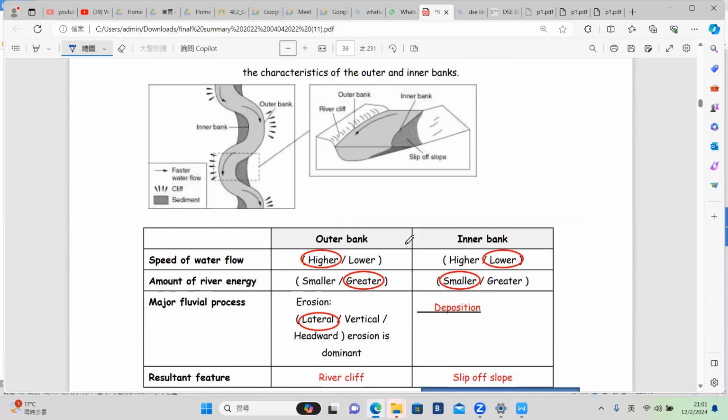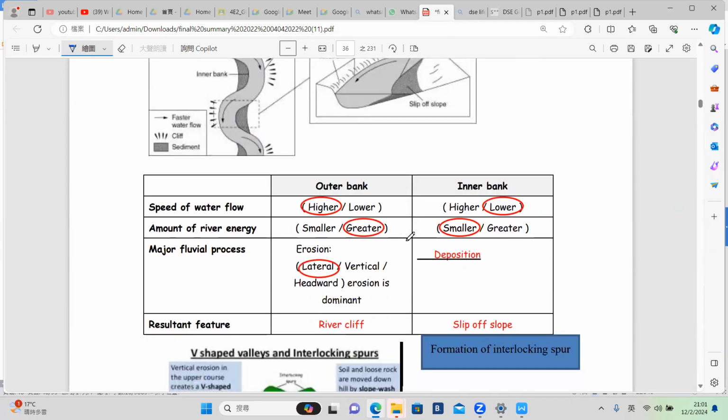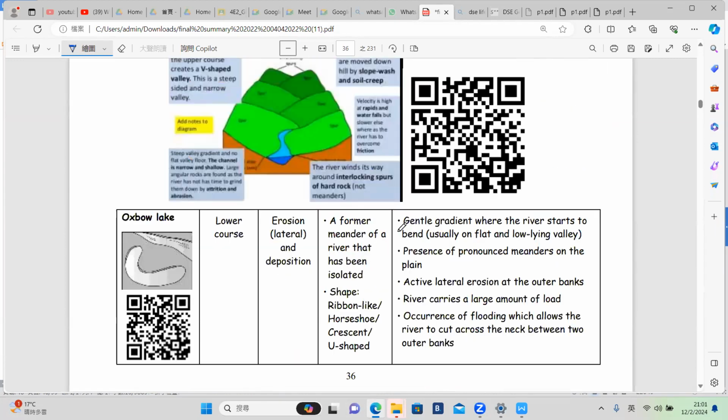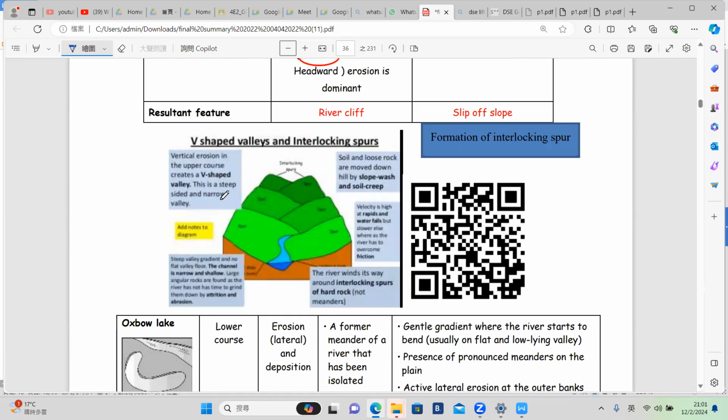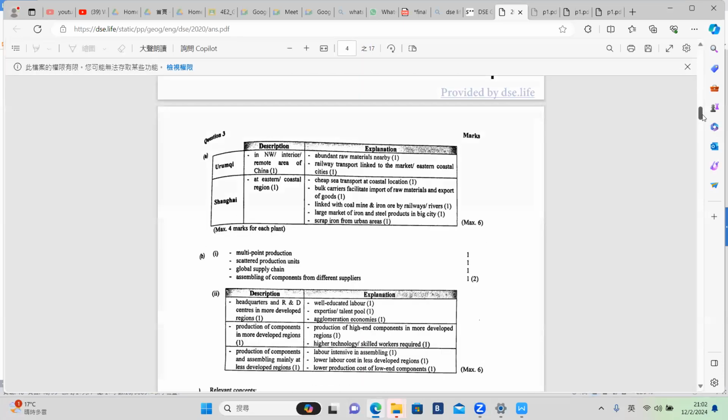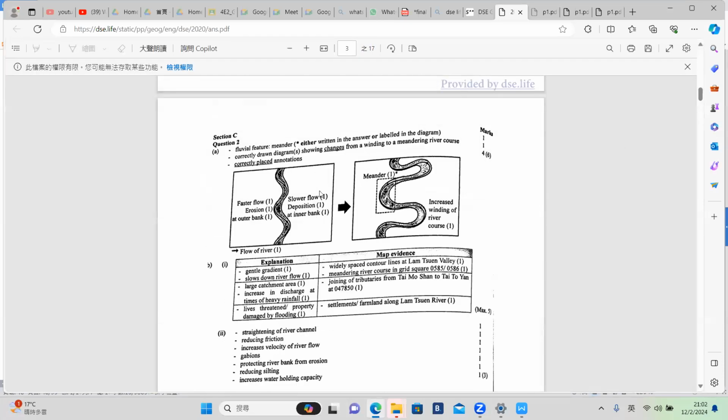Earlier we talked about the ox-bow lake and the meander, but before that I should cover the interlocking spur. Very few schools teach it, but it can be annoying. Has it been examined? Let me check the 2020 paper; I forget what 2020 was about. The 2022 DSE past paper, I forget, wait a minute. If it appears, it should be a meander question, so no worries.